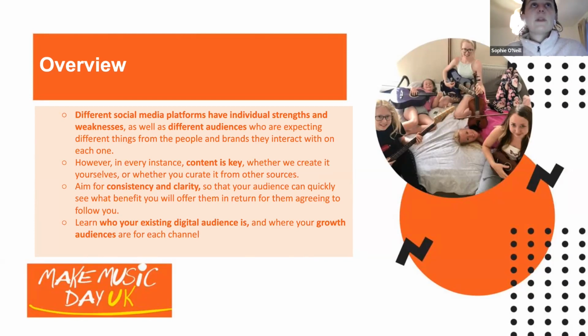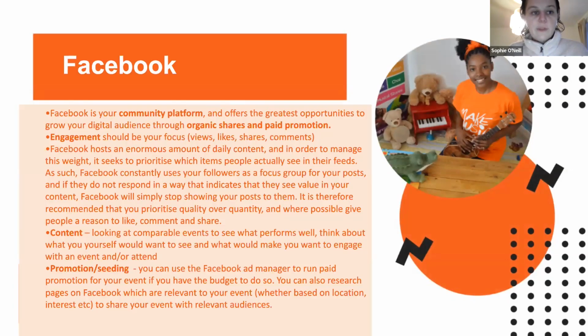That means looking at who we are trying to reach with our events and activities, whatever it is that we're offering as an organization, a community group or an individual. Who are we trying to reach who don't currently follow us, and where potentially could we find them? So that's an overview of things to consider.